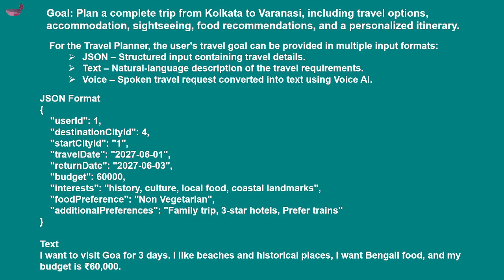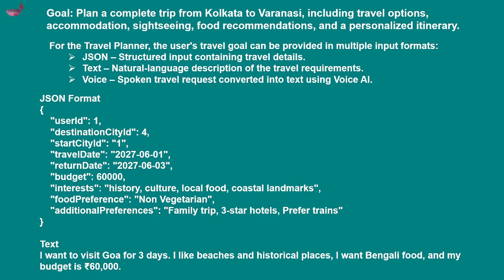So let's say you have a goal: plan a complete trip from Kolkata to Varanasi, including travel options, accommodation, sightseeing, food recommendations, and a personalized itinerary. So this is the goal you give to AI.